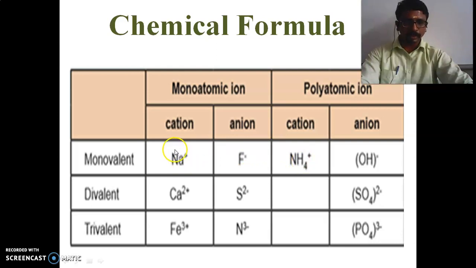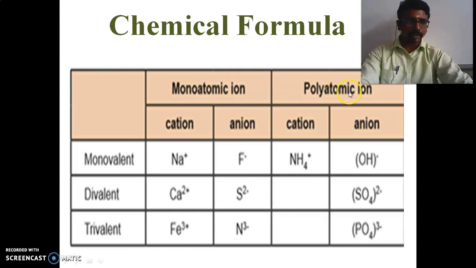Here you can see only one element: sodium, fluoride, calcium, sulfur, iron, nitrogen. Only one element is there, and the number of atoms is also 1, so we call it monoatomic.